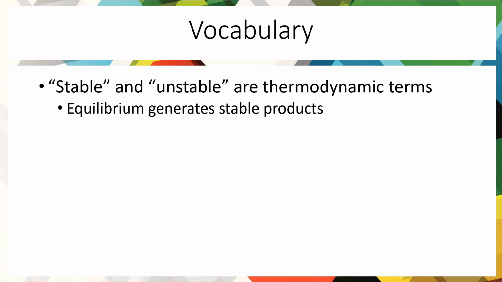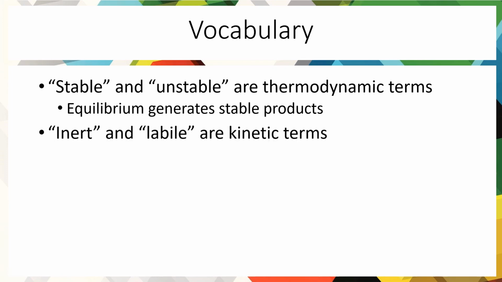Stable means that it will not fall apart, which means it's at the bottom of its thermodynamic well, right? Unstable means in some way, if you let it go in the environment that it's in, it will change. It will exchange with ligands, or perhaps break its bonds and rearrange, so-called decompose. Something will happen to it, right? That's what unstable really means. So equilibrium causes stable products to form.